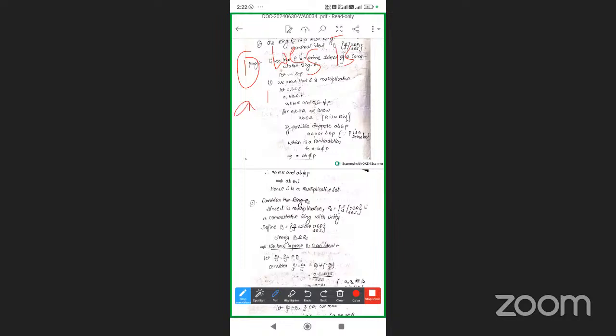Let a, b belong to S, that is R minus P. This means a, b do not belong to P.